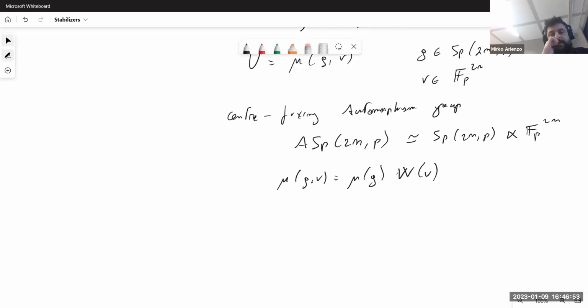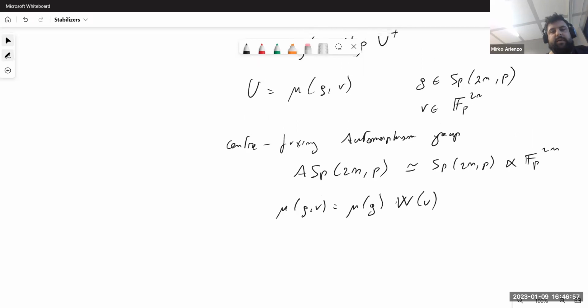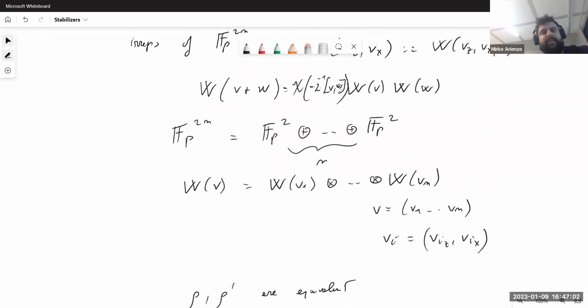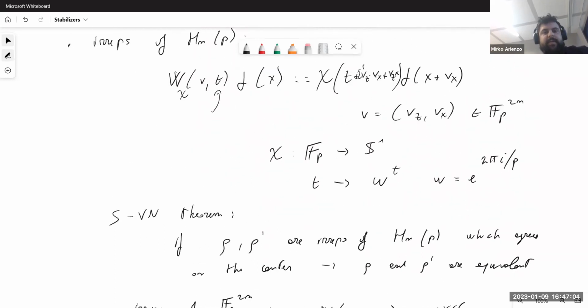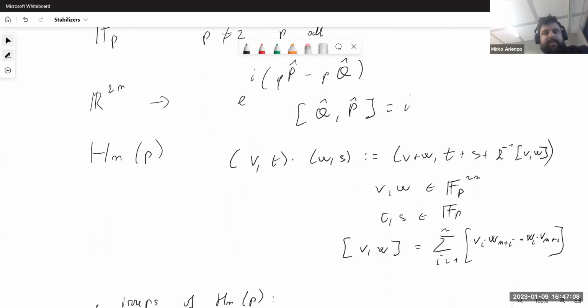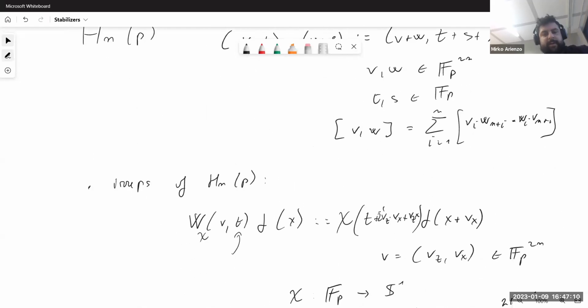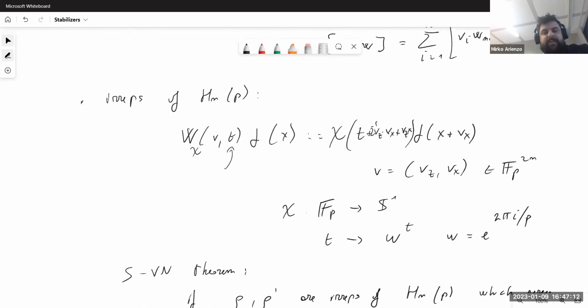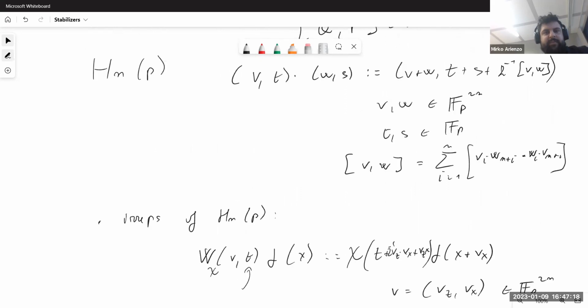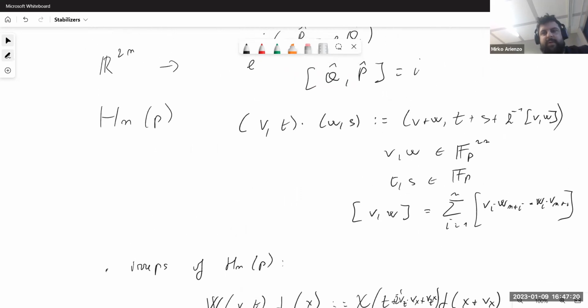Okay. In the even case, to make things simple, everything works kind of the same, but one has to take care of some additional phases. Namely, we have to tweak the definition of the Heisenberg group here.